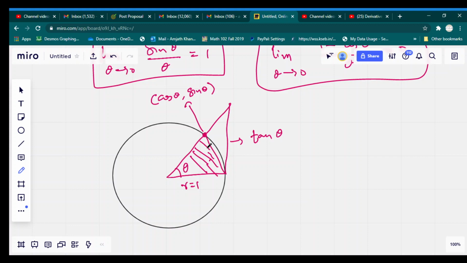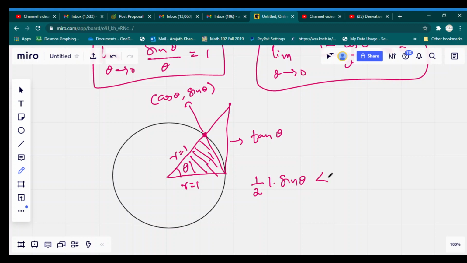The area of this triangle, with r equal to 1, is half AB sine C. So half times A and B are 1, 1 times 1 is 1, and sine C is sine of theta.